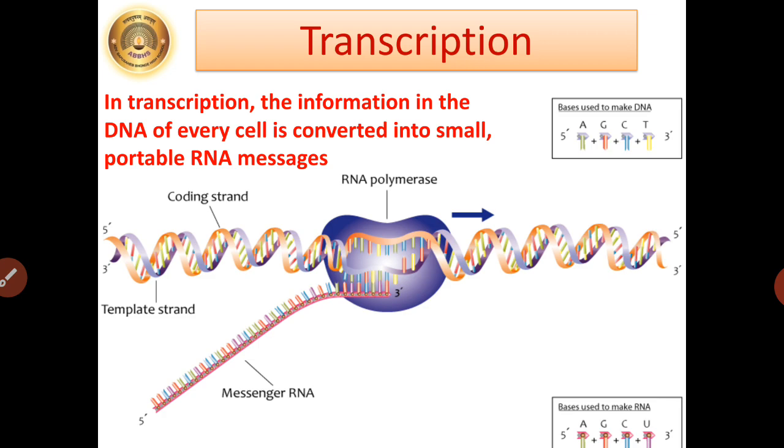The sequence of nucleotides in the mRNA being produced is always complementary to the DNA strand used for synthesis, besides uracil in RNA instead of thymine of DNA. This process of RNA synthesis is called transcription. Mark the definition on textbook page number 1.